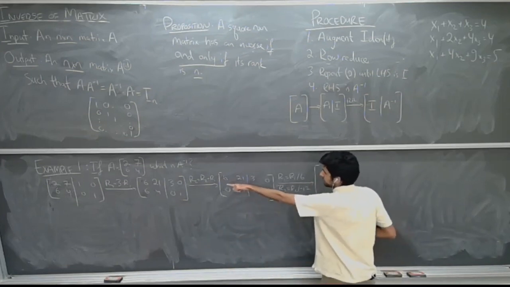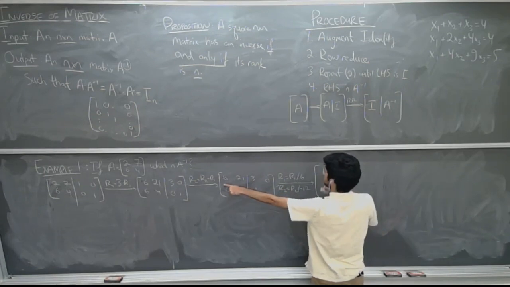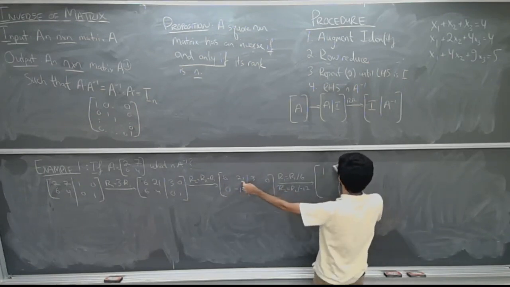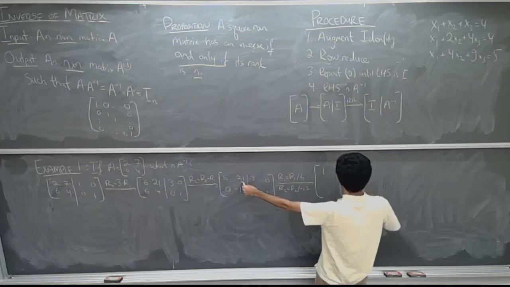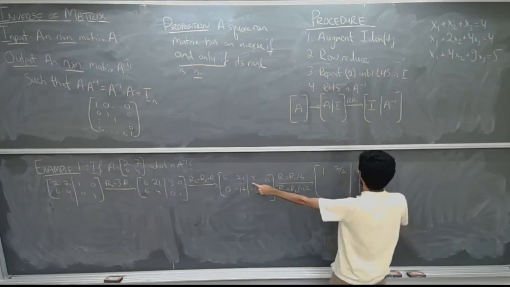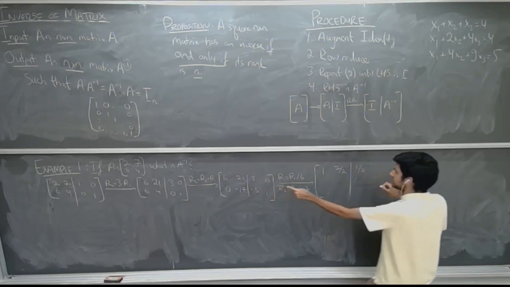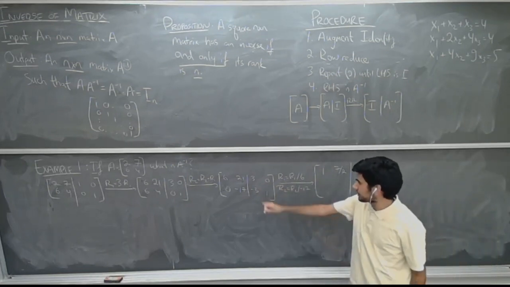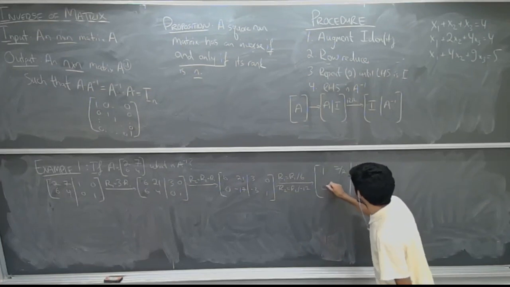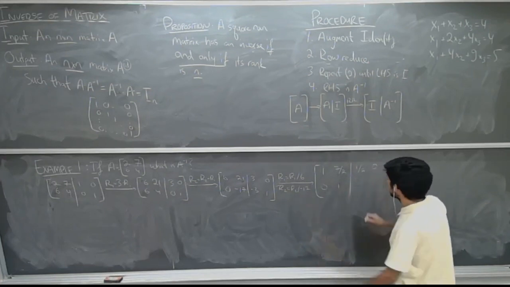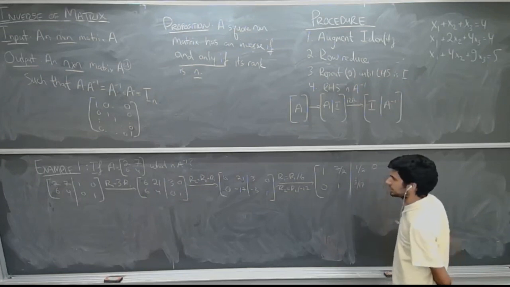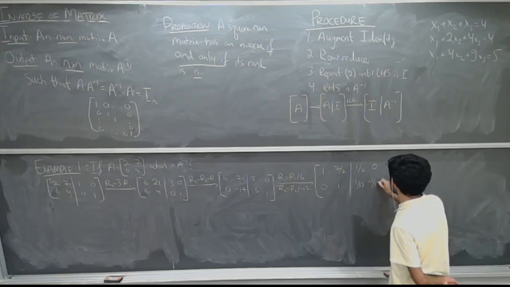If we divide the first row by 6, the first term becomes a 1. 21 divided by 6, both share a common factor of 3, so this becomes 7 halves. 3 divided by 6 is a half, and 0 divided by 6 is 0. For row 2, we're dividing by negative 17, so we have 0, 1. Negative 3 over negative 17, I'll just make that 3 over 17, keep it positive. 1 divided by negative 17 is negative 1 over 17.